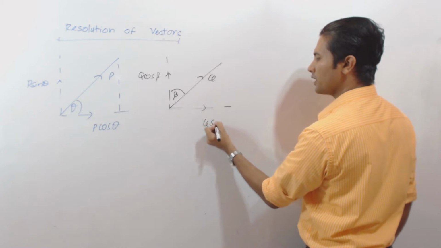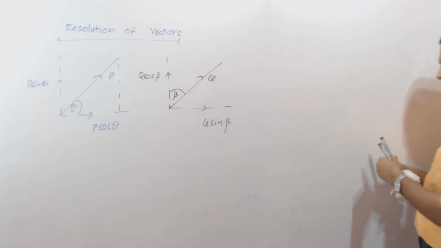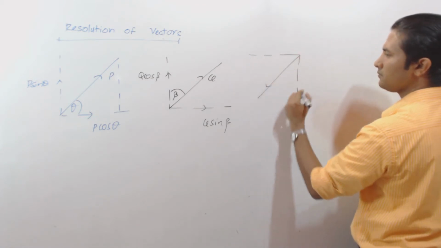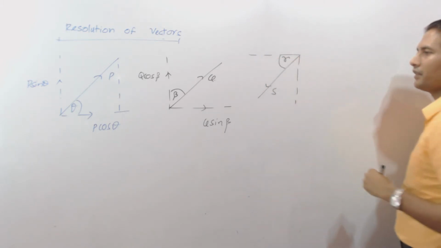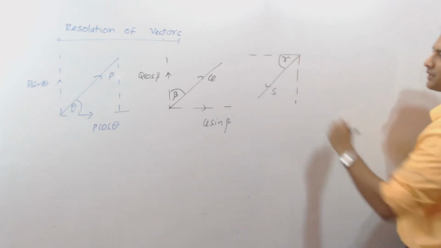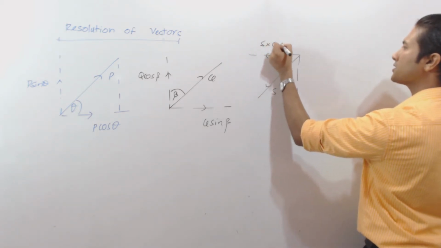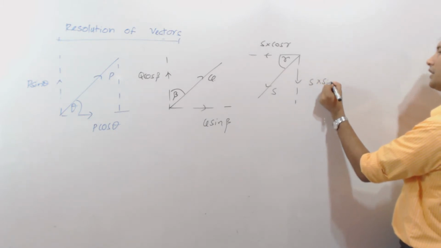This should be Q sin beta. Considering another example such as S and the angle gamma, what happens? Towards the angle S cos gamma, away from the angle S sin gamma.